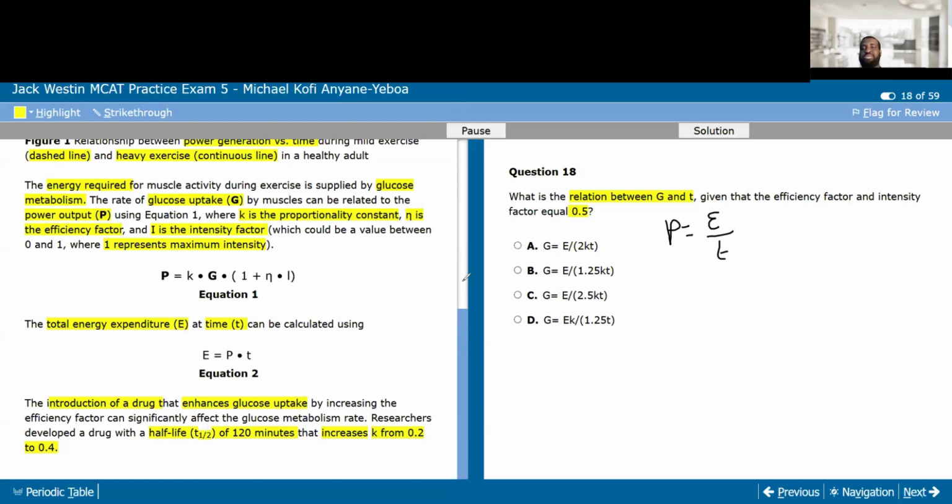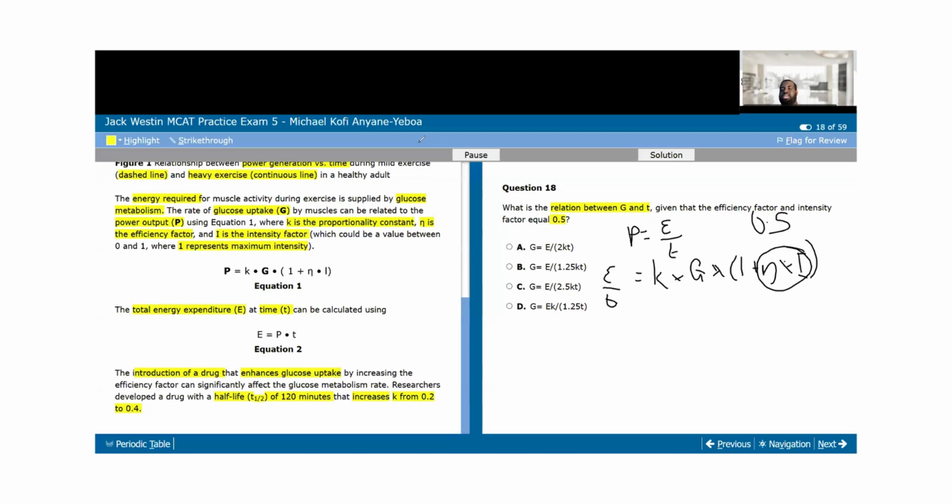So now what we can actually do is insert this P into the first equation. What do I mean by that? We get E divided by T is equal to K times G times 1 plus this constant times I. So the question says that efficiency factor and intensity are 0.5, right?